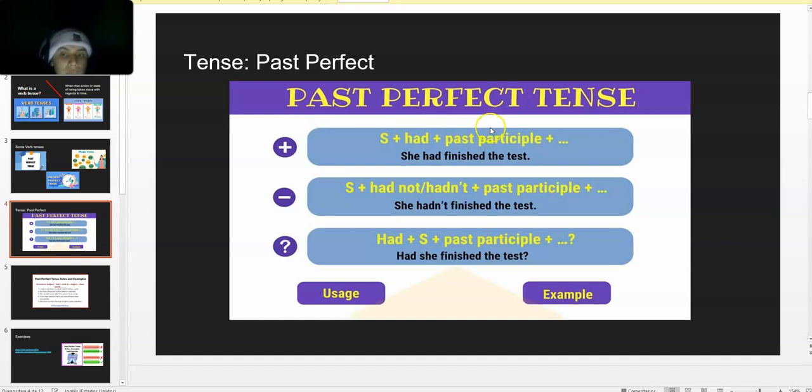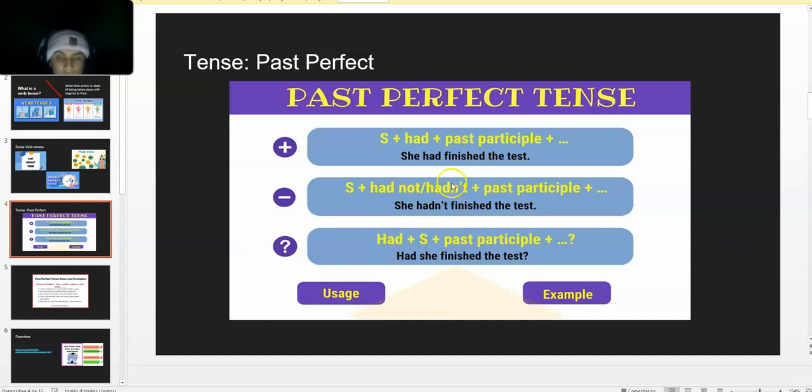In the negative, the structure is subject plus had not, or hadn't, plus the past participle. The verb with -ed is the most common. For example, she hadn't finished the test.